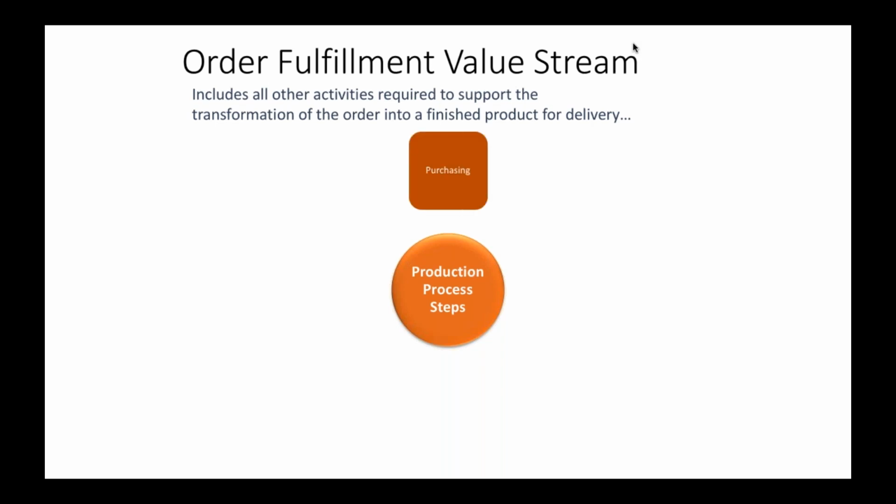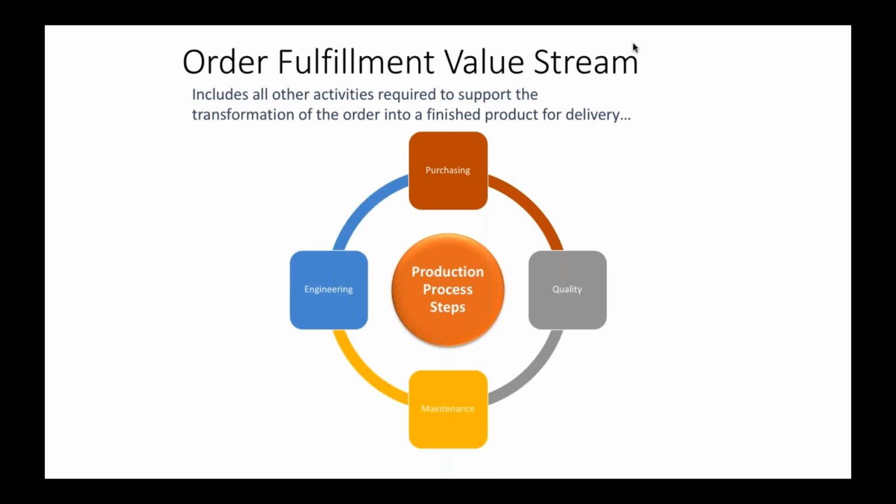So for example, the purchasing process. Yes, that is a separate department, but it really is part of the activities which are required to support the order fulfillment value stream. The quality process, the maintenance process, the engineering process. So all of these functions really should be integrated into the order fulfillment value stream.